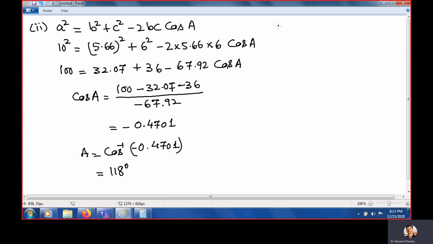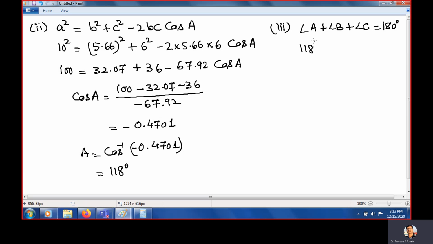Okay. So now the third remaining angle C. One angle was given, one angle we calculated. So we will use the property angle A plus angle B plus angle C is equal to 180 degrees. What is the value of angle A?